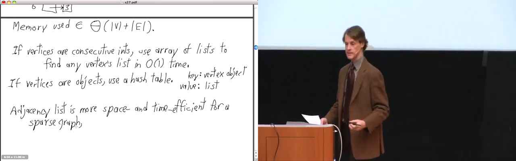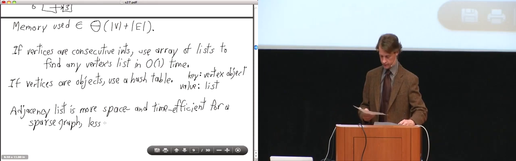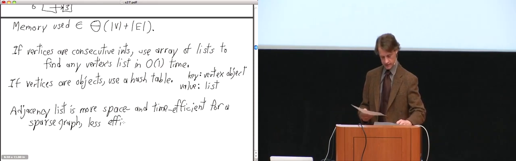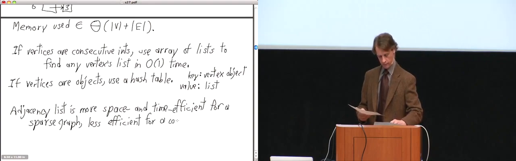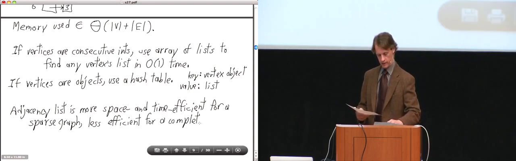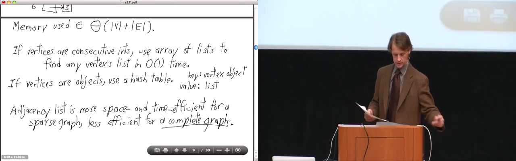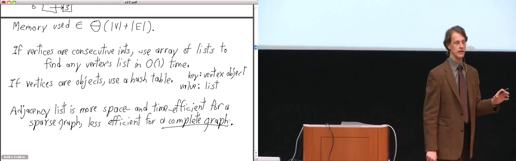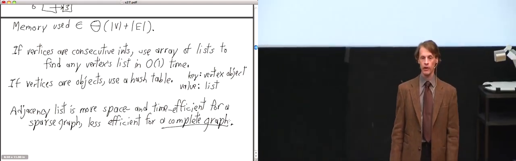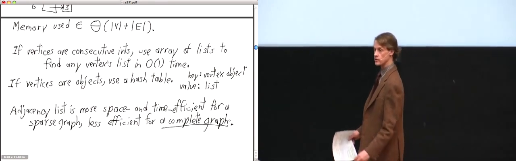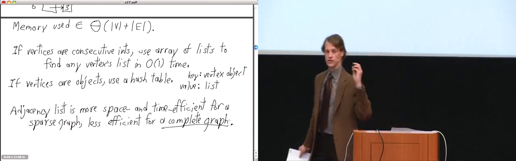A graph that has every possible edge it could have is called a complete graph. Every vertex is connected to every other vertex. And when you have a complete graph, an adjacency list is less efficient. It's not asymptotically less efficient, but it maybe takes a factor of 2 or 3 times as much memory as an adjacency matrix would. Any questions about that?